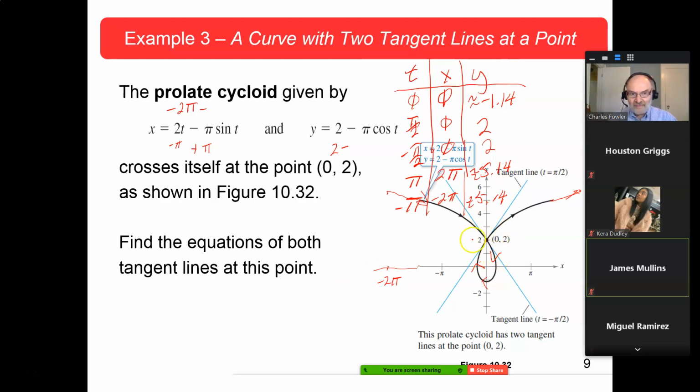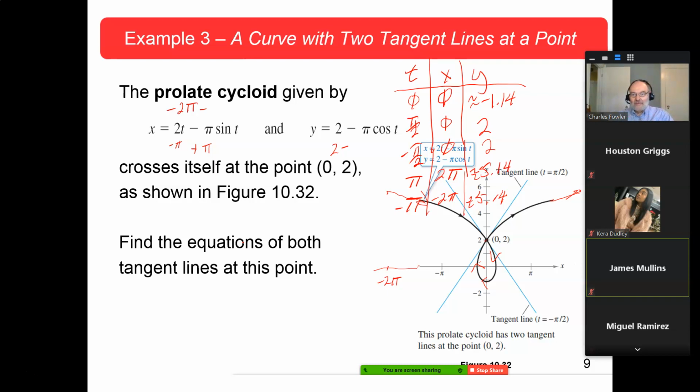0, 2. Okay, now obviously this is not y as a function of x or x as a function of y, because it crosses itself. Can't happen. But both x and y are functions in t. They don't cross themselves. You don't have any lack of functional value there.